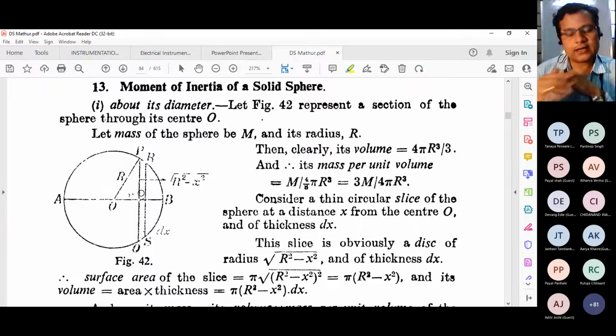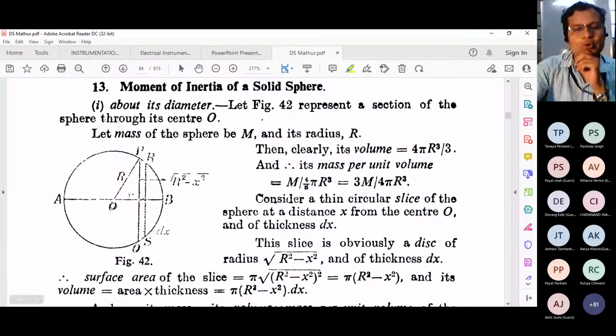So how do we do that? Look at here the x. We need to consider a thin slice which is at a distance x, with thickness dx, and it has a radius of OP. It is mentioned over here, the point which has a radius r.